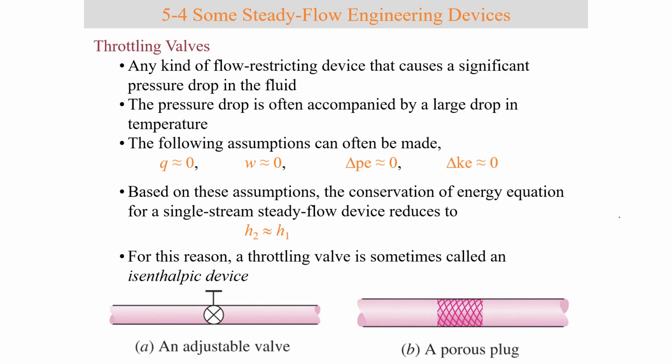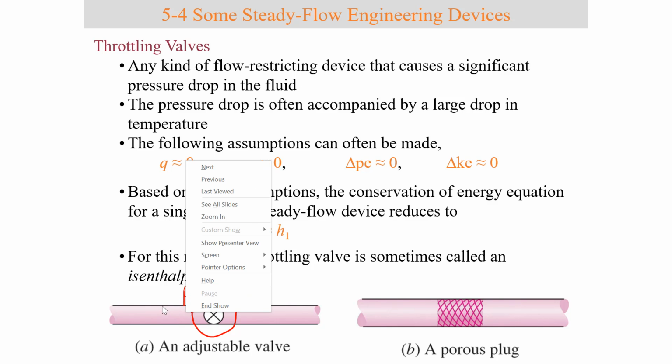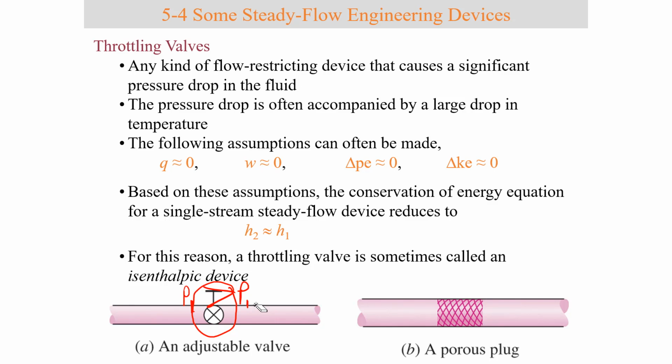So again, these are used a lot in refrigeration systems where the pressure on one side is much greater than the pressure on the other side, and that drop in pressure causes a drop in fluid temperature. We call this an isenthalpic device because the enthalpy in is equal to the enthalpy out. How do I know that?